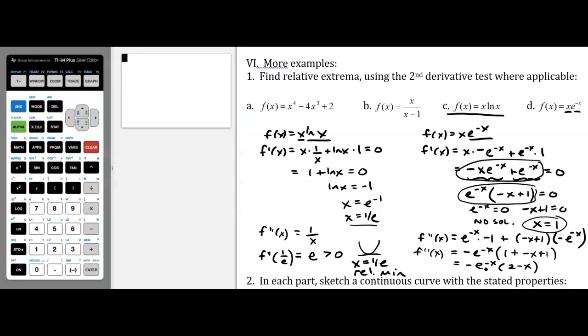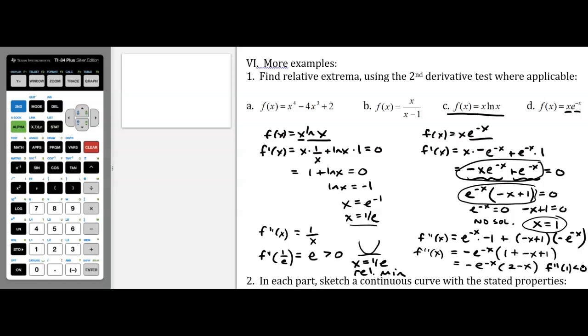You've got the calculator, if you want to use the calculator over here at the left, or the calculator that you've got in front of you, you can definitely do that. But I think that this is going to be a negative quantity, and then this is going to be a positive quantity because 2 minus 1 is 1. So f double prime of 1 is going to be negative.